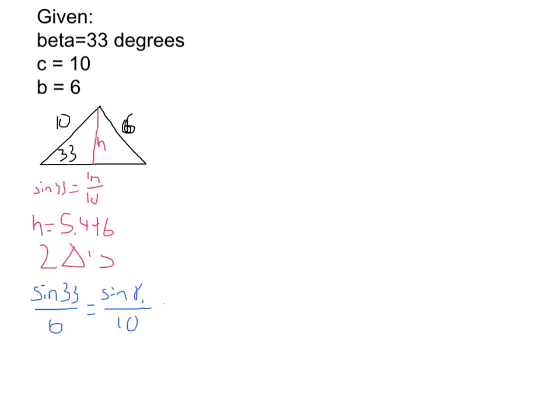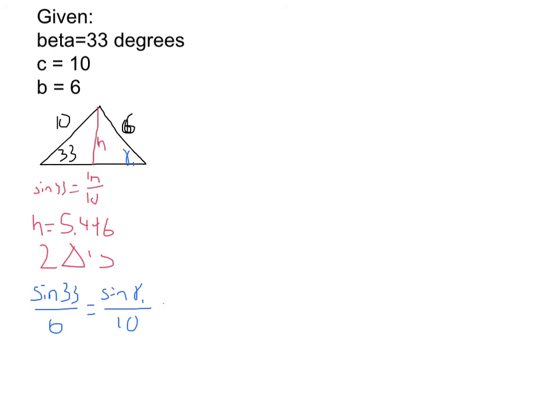So the letters don't matter in the setup of the triangle, but they do matter because they do have names. So when I solve here, I'm not solving for beta, I'm solving for gamma, because gamma should be across from C. So here's my gamma 1.